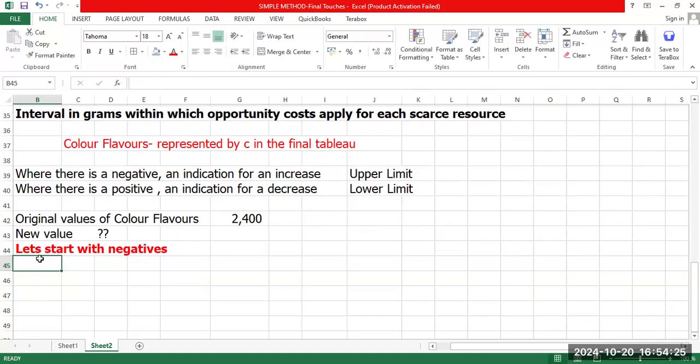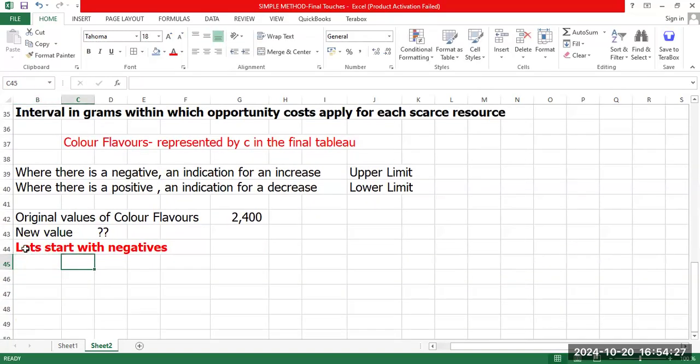And how are you going to get the new value? Let's start with negatives. As you deal with negatives, at the end you will get the original value plus the new value to get upper limit.